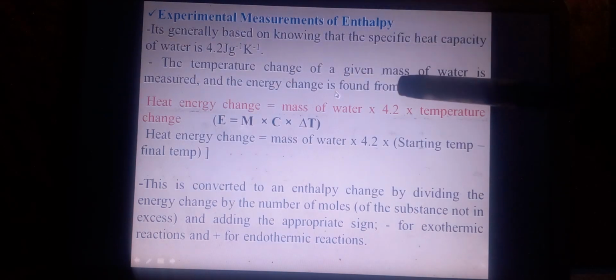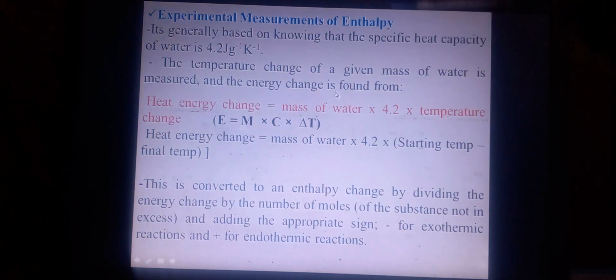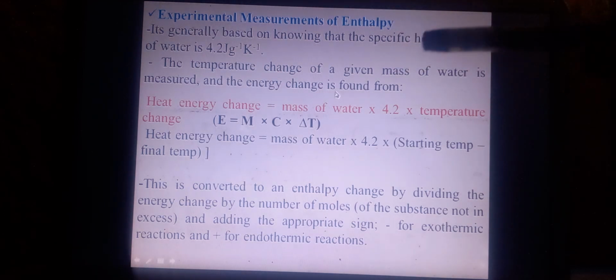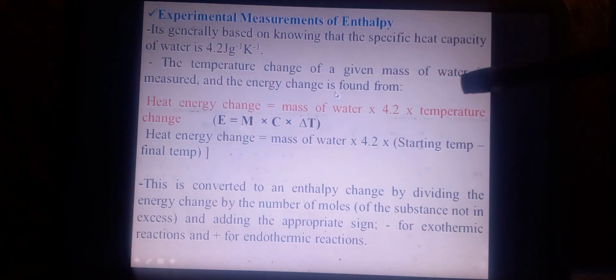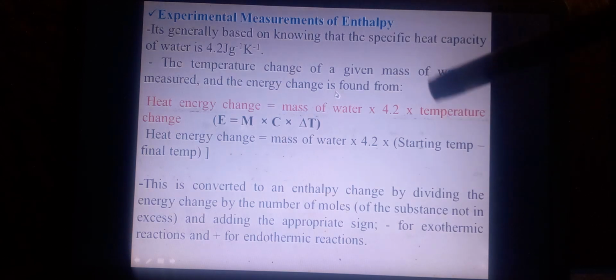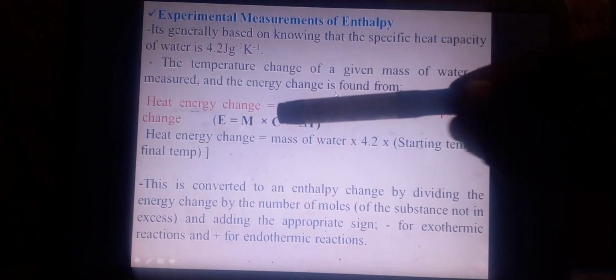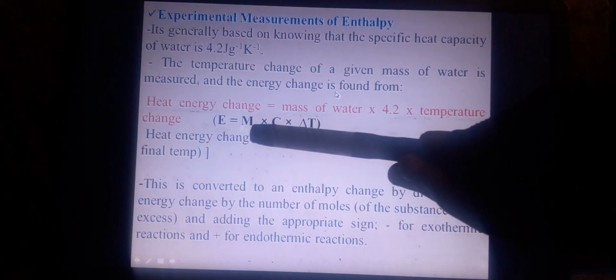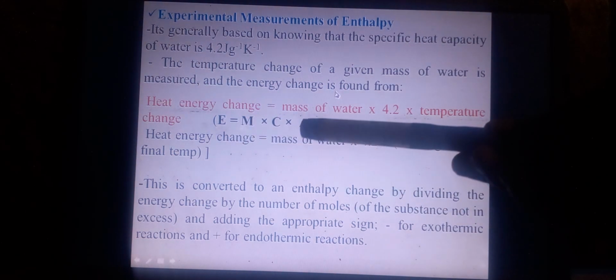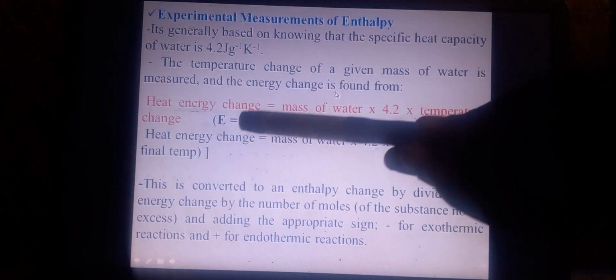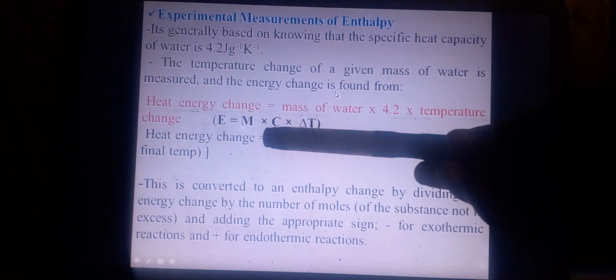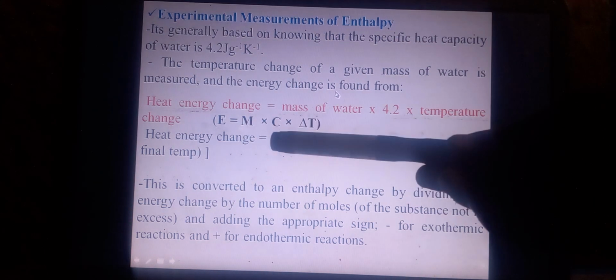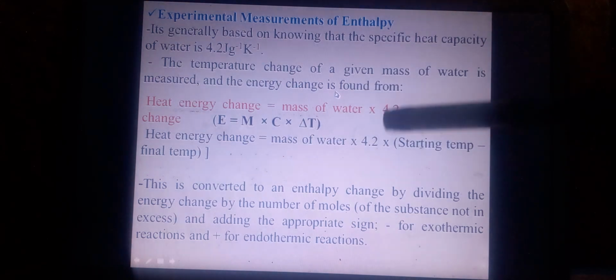Experimental measurements of enthalpy. So we want to see how we can determine enthalpy changes of various chemical reactions by carrying out experiments. Remember, we normally apply the formula delta H, or enthalpy change, is equal to m times c times delta T. m stands for mass of solution, c stands for specific heat capacity, which is normally a constant, that is 4.2.